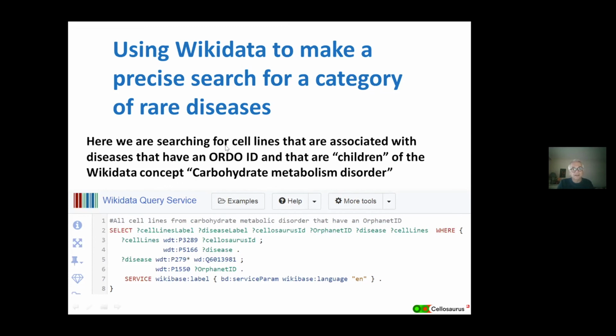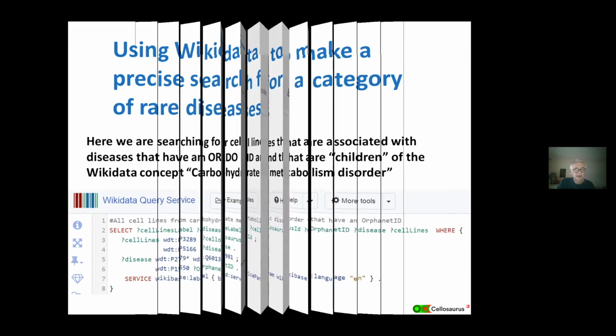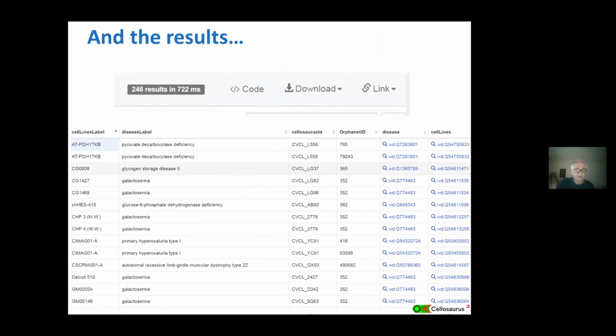I want all cell lines which are associated with diseases that have an ORDO identifier and that are children of the Wikidata concept carbohydrate metabolism disorder. So I'm looking for all cell lines which are rare diseases and are part of the carbohydrate metabolism disorders. In a few milliseconds, you get the results with the disease and cell line, and you can go back to Cellosaurus entries. That's quite interesting.